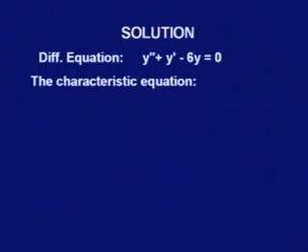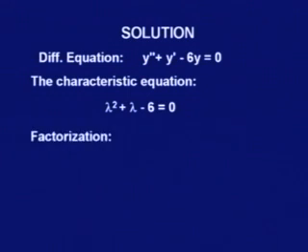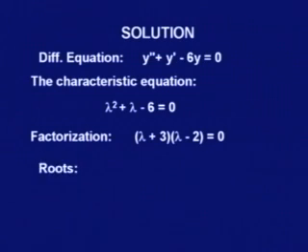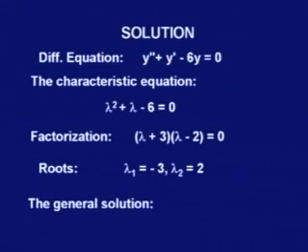So, the characteristic equation is lambda square plus lambda minus 6 is equal to 0. Factorize it, we get lambda plus 3 into lambda minus 2 is equal to 0. That says the roots are minus 3 and 2. Again, we are getting real and distinct roots. So, the general solution would be C1 e to the power minus 3 x plus C2 e to the power 2 x.